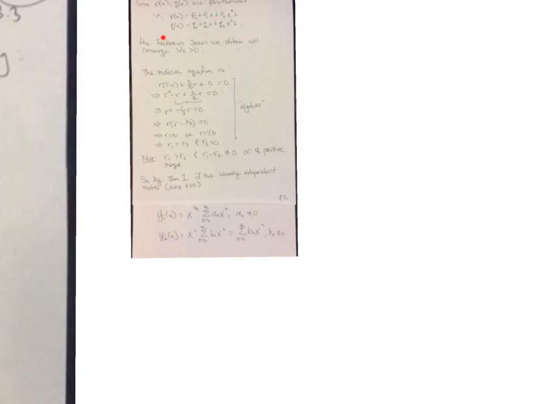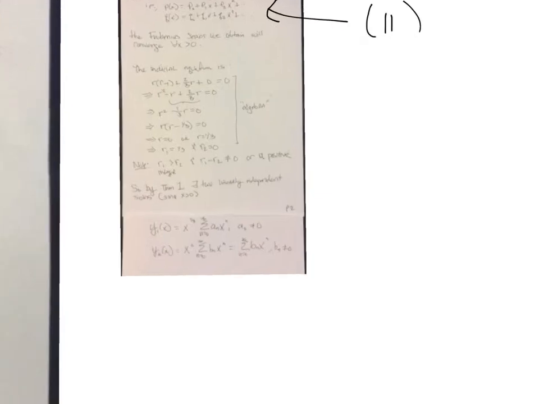And similarly, q of x is q naught plus q1x plus q2x squared plus dot dot dot. So this is equation 11 in your book if you want to look at it, since it's really small and I'm having trouble zooming in for that part.